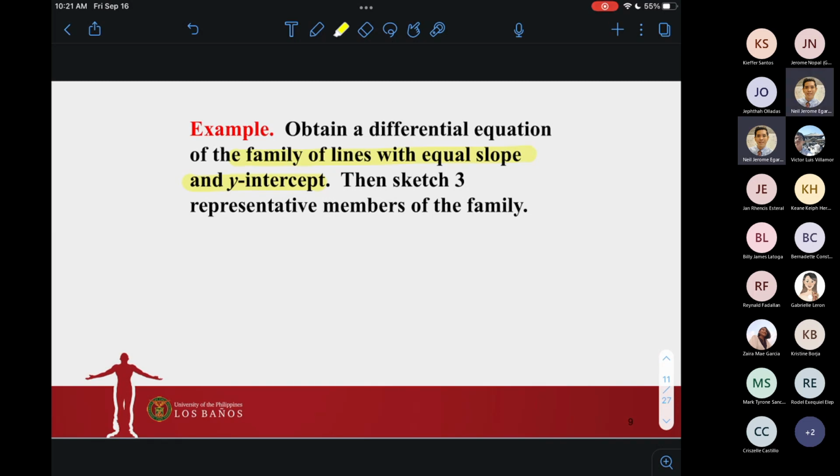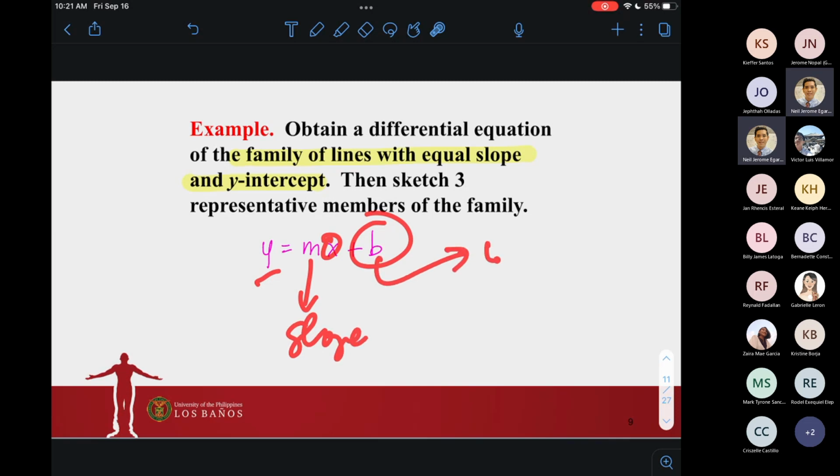Remember, the general form for the equation of a line is y equals mx plus b, right? So m is the slope, at alin dyan yung y-intercept? The y-intercept is the value of y when x is 0. When x is 0, y equals b. Thank you, guys. b is the y-intercept.